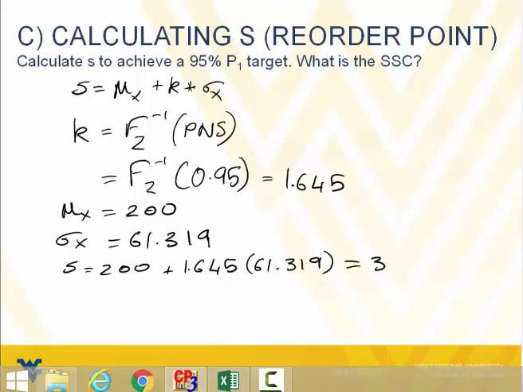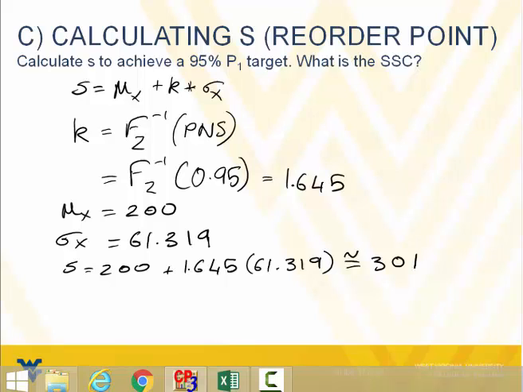We always round it up to a whole number because, again, this is an inventory number. So we round it up to 301.